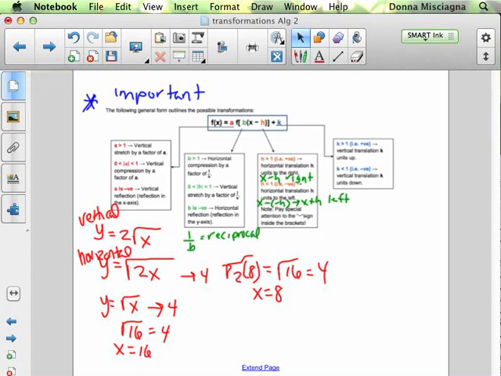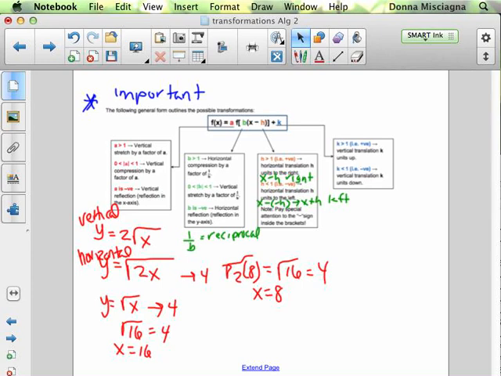So that's why the horizontal compressions and stretches are a little tougher, because when it's greater than 1, it's always the reciprocal. It's really a compression by a factor of 1 over b. And if it's between 0 and 1, it's a horizontal stretch, and you flip it the other way.